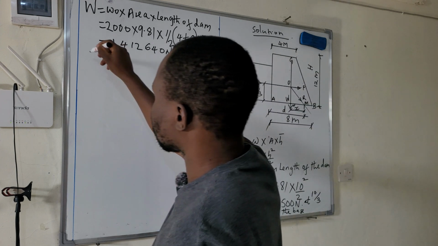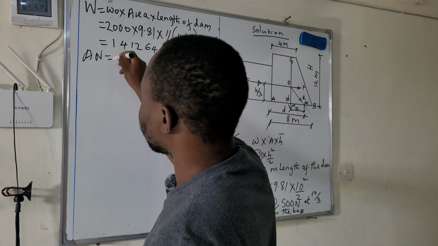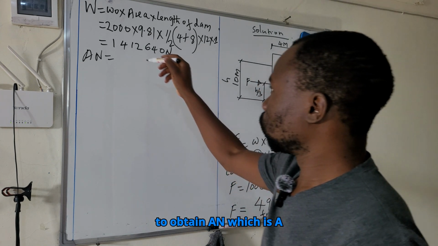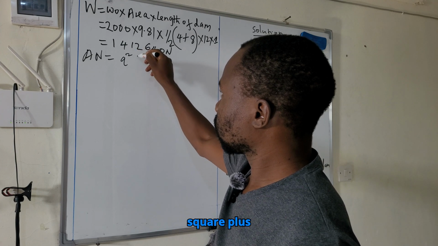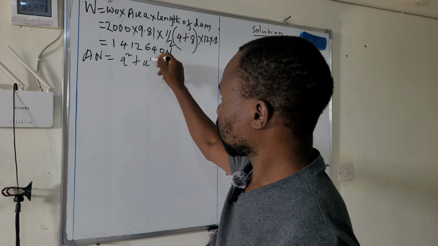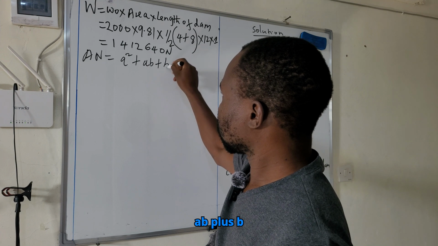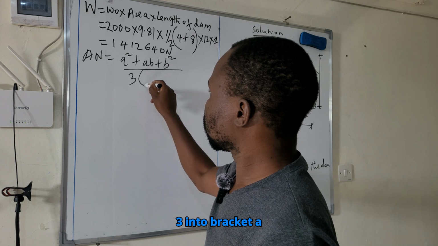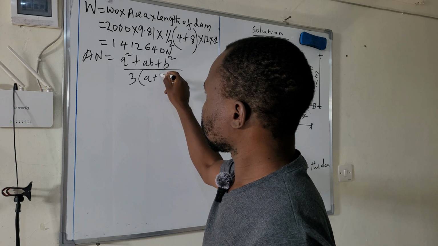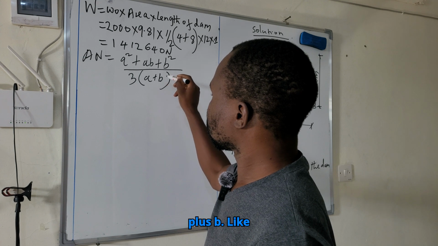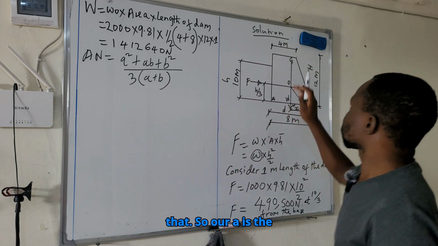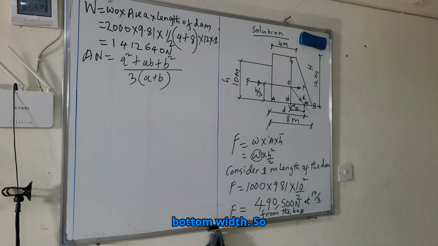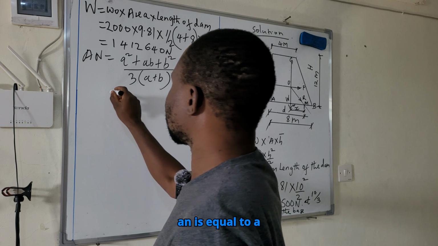So AN is equal to, we have an expression to obtain AN, which is A squared plus AB plus B squared over 3 into bracket A plus B, like that. So our A is the top width and our B is the bottom width.